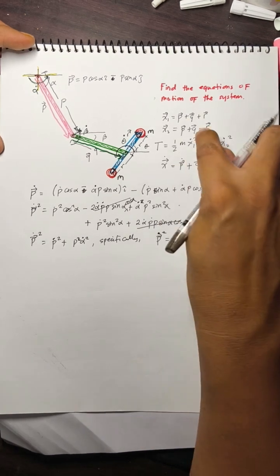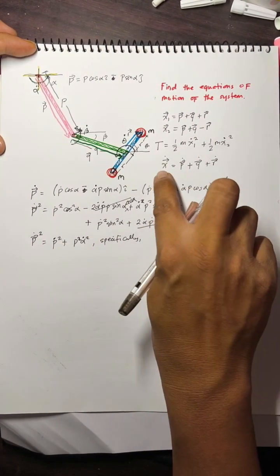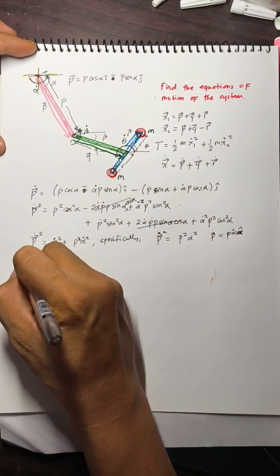Okay, so now let's calculate x dot. Our x dot is the square of this one, so let's take that square.